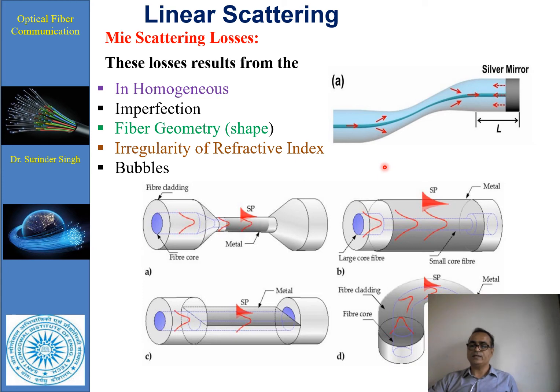So the scattering intensity has an angular dependence and can be very large. Scattering created by such inhomogeneities is mainly in the forward direction. That forward-direction scattering is called Mie scattering.